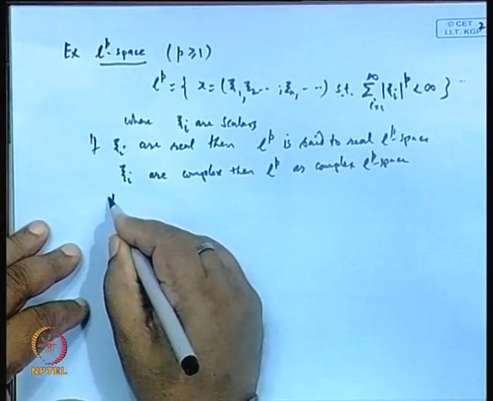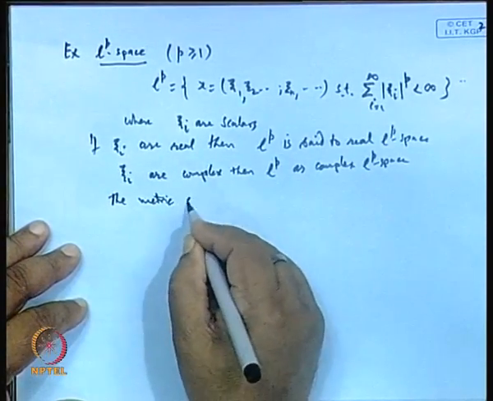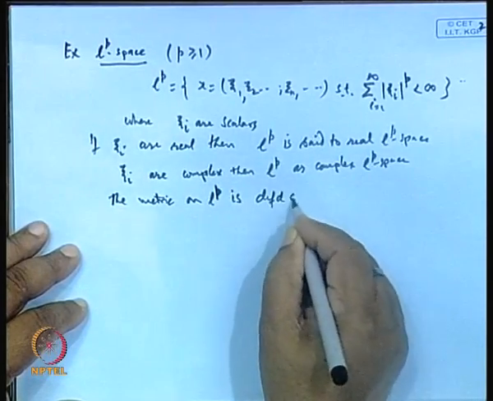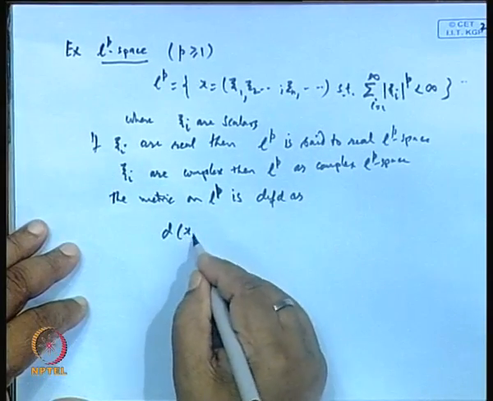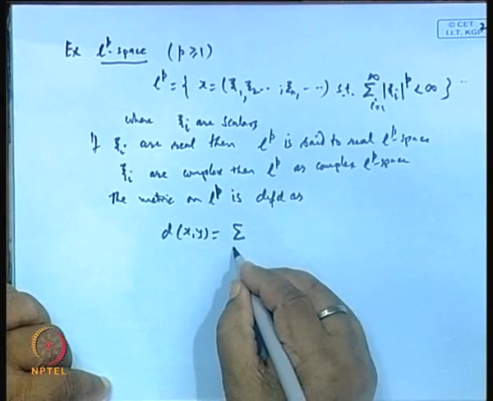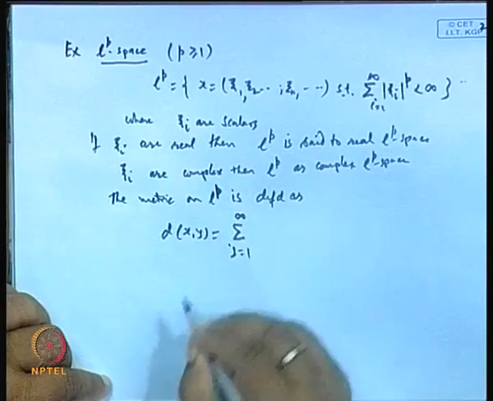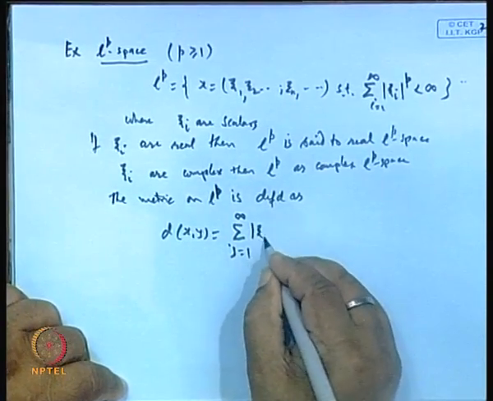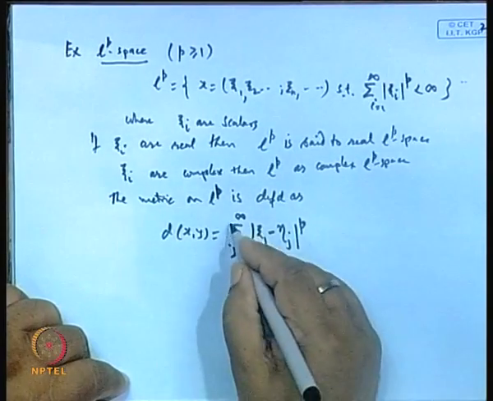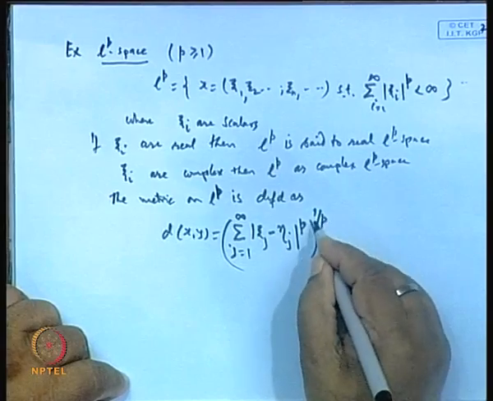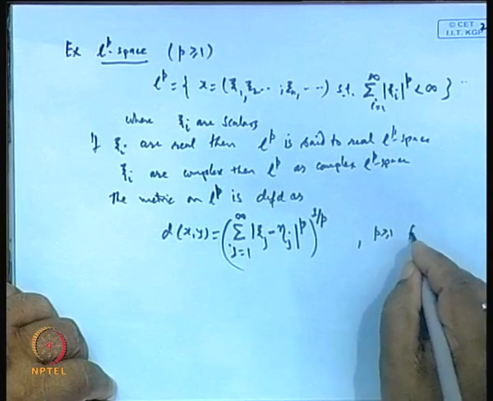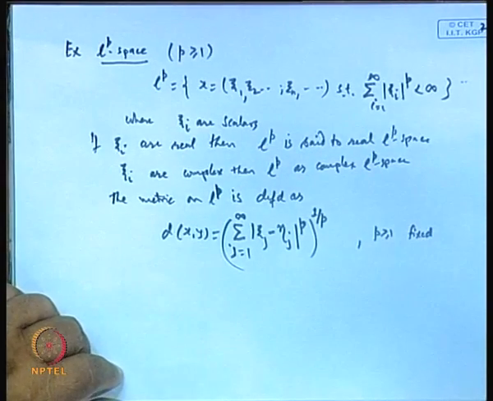The metric on LP is defined as d(x, y) = (sum over j equal to 1 to infinity of |ξj − ηj|^p)^(1/p), okay, where p is greater than or equal to 1 is a fixed number.